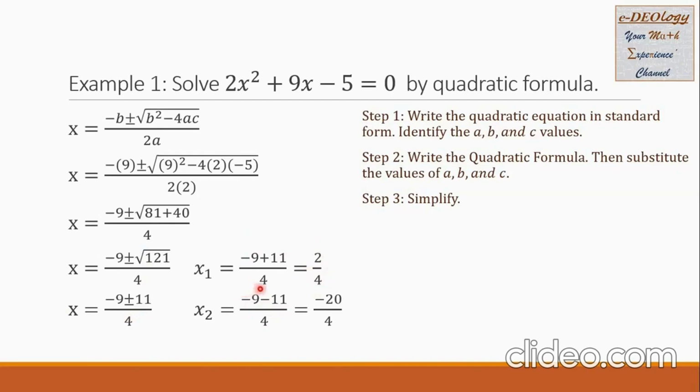The −9 − 11 equals −20 over 4. We can reduce to lowest term the 2 over 4. It is equal to 1/2. The −20 over 4 is equal to −5. So the two values of x are 1/2 and −5.